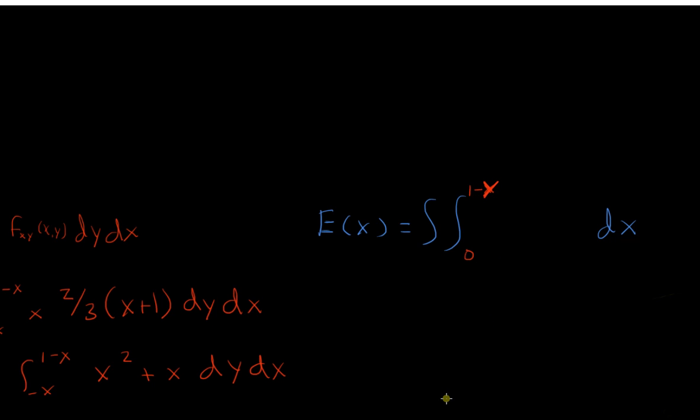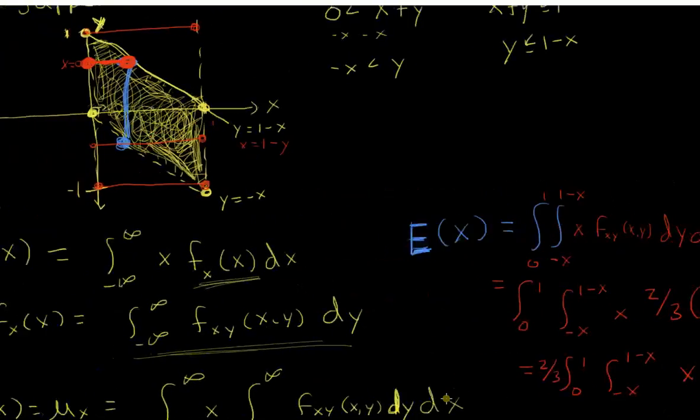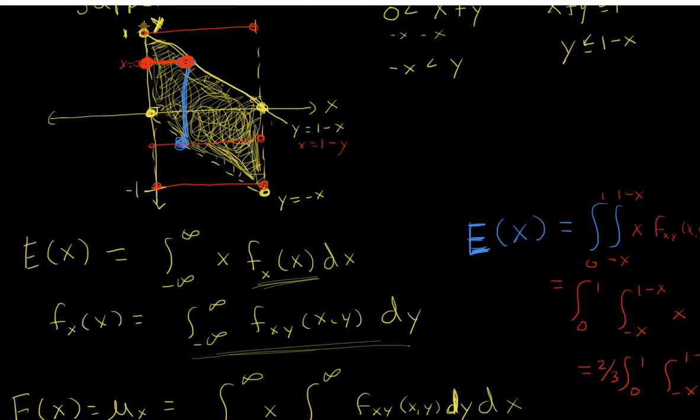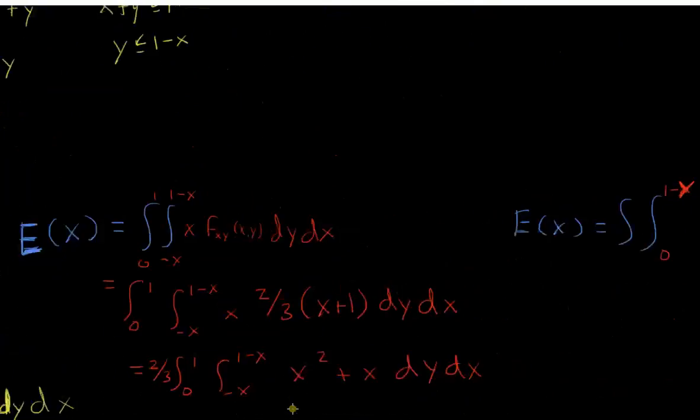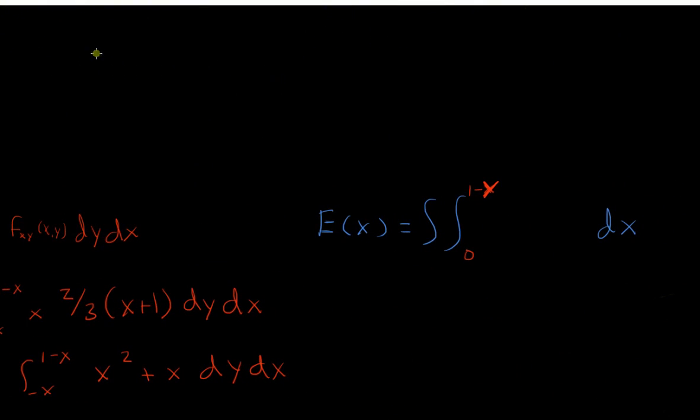But that's only the top piece. That's only when y is up here between 0 and 1. So when I write dy, that's when y is between 0 and 1.